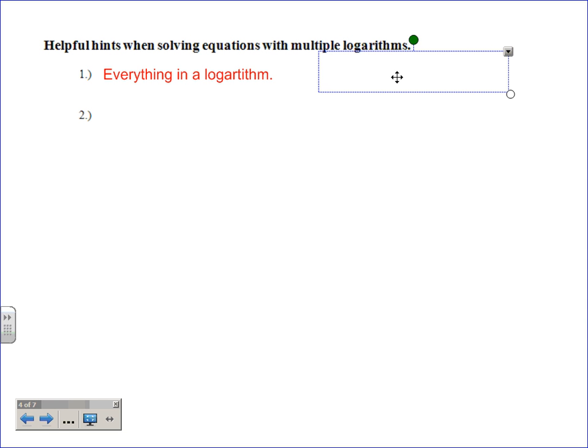That means any part of your problem is inside whatever logarithm is there. Okay? They have to be in a logarithm, and sometimes you will have to create logarithms for this to work. You'll have to rewrite numbers in their logarithmic form.